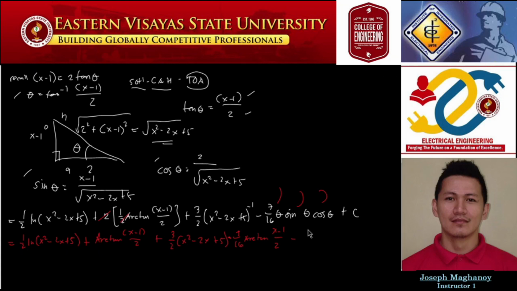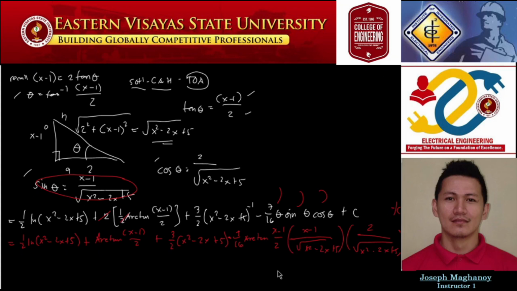Your sine theta is x minus 1 over the square root of x squared minus 2x plus 5 from here. And your cosine is 2 all over the square root of x squared minus 2x plus 5. So plus your c, your arbitrary constant.